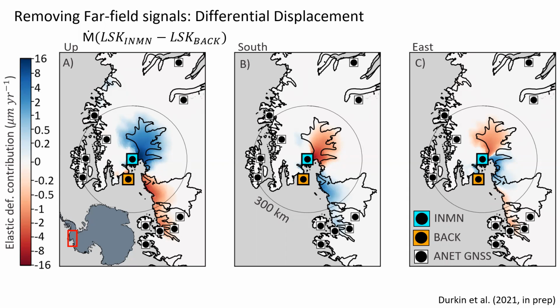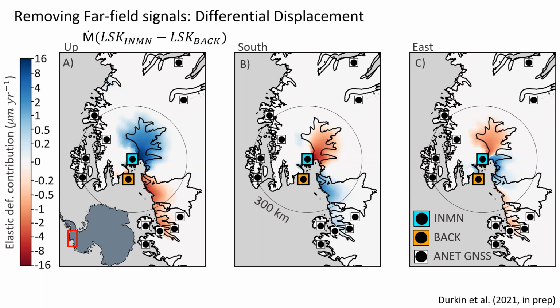That's illustrated here by showing the difference between INMN in blue and Backer in red. In these maps, all of the blue pixels show ice loss that contributes to the difference between these two sites becoming greater, and the red pixels result from mass change that causes this difference to become more negative.